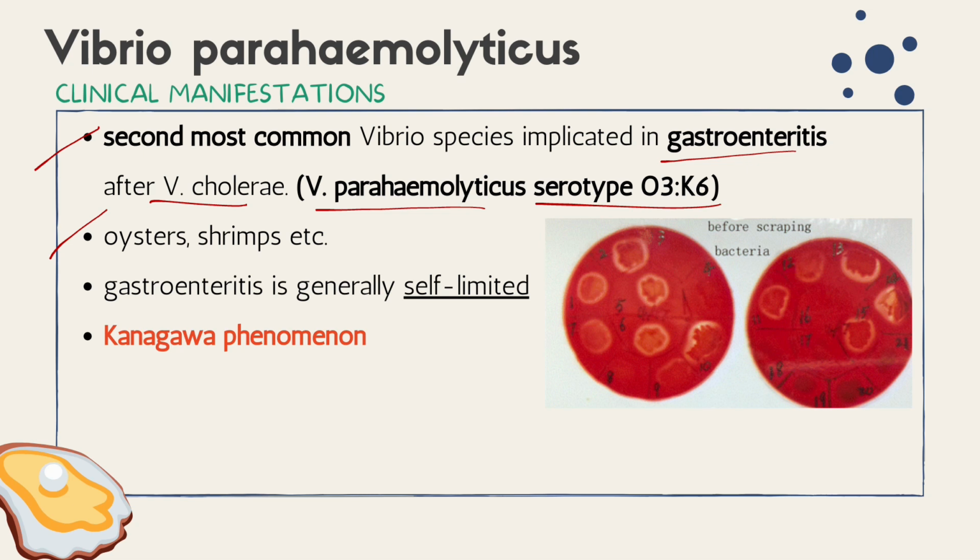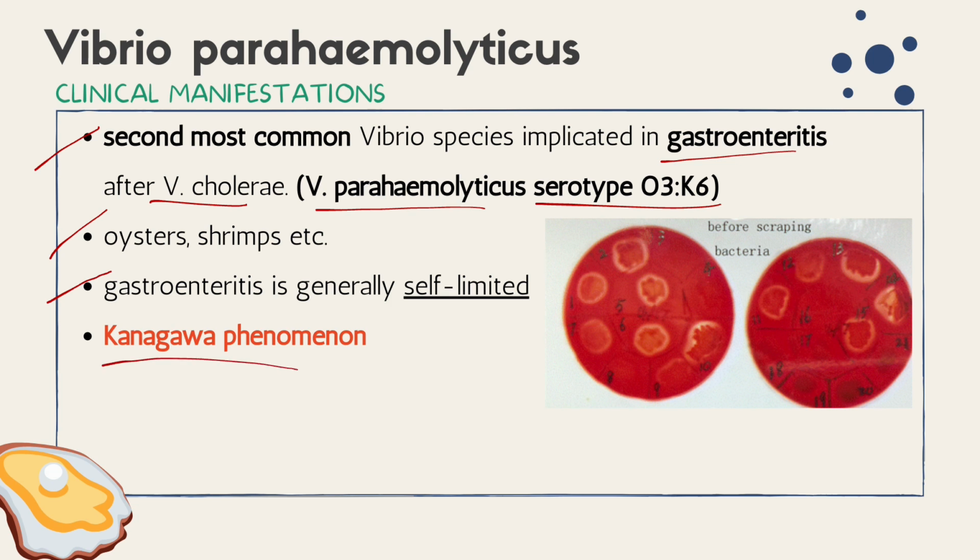Extraintestinal infections such as wound, ear, or eye infections are usually acquired when swimming or exposing open wounds to infected bodies of water. Gastroenteritis caused by Vibrio parahaemolyticus is usually self-limited and may resolve on its own with enough supportive intervention.